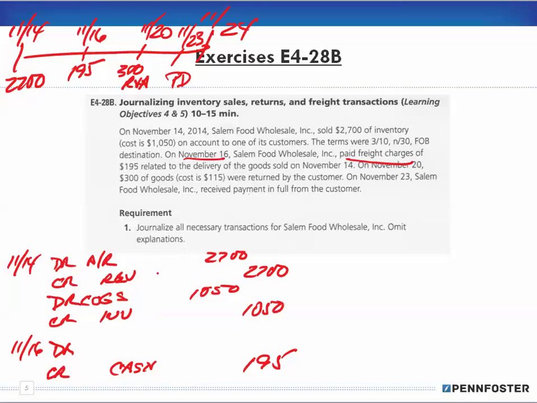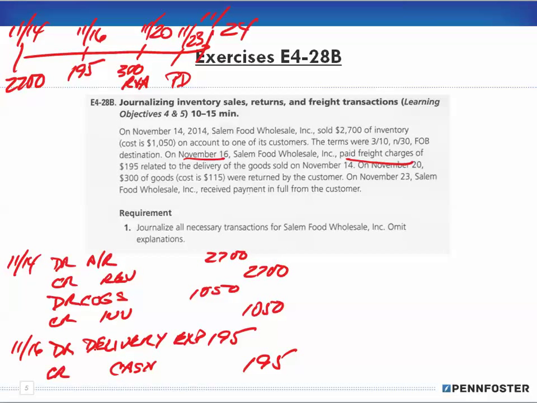So we look at our expense accounts, and in this case they're using delivery expense for $195. Okay, that could have been shipping and handling expense or freight expense or whatever. It just depends upon what was on your chart of accounts.